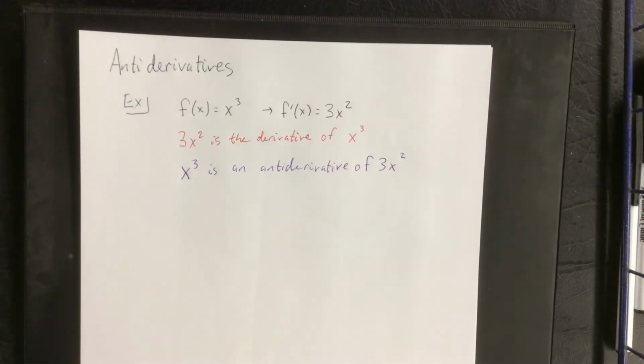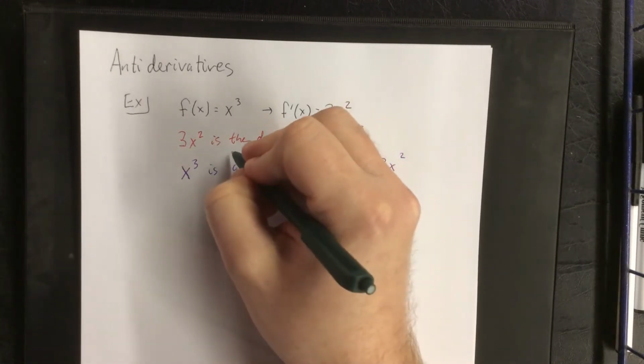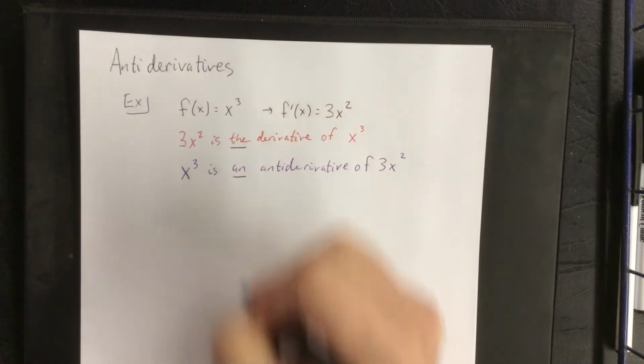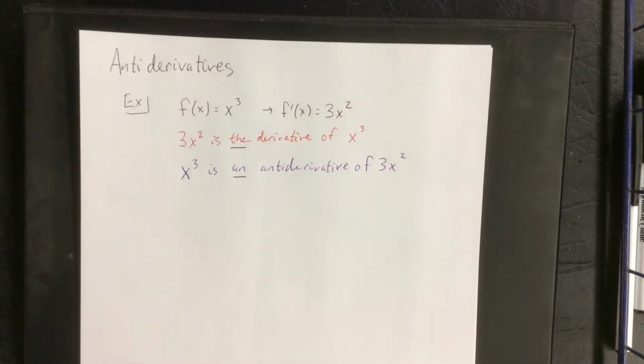Now, I learned more about the English language structure by taking a Spanish class than I ever did by taking an English class. I discovered the difference between definite articles and indefinite articles, and I am going to underline them right here. The is referred to as a definite article in the English language. It typically means that there is only one of something.